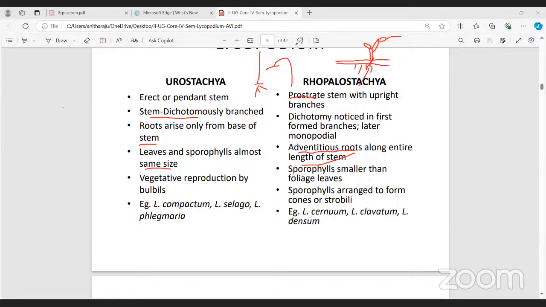Sir, for theory, what is important? For theory, there is nothing particular. That means what I'm saying, I already told you during practical classes. First of all, you should learn the concept of bryophyta, concept of pteridophyta, gymnosperms, the general characters.